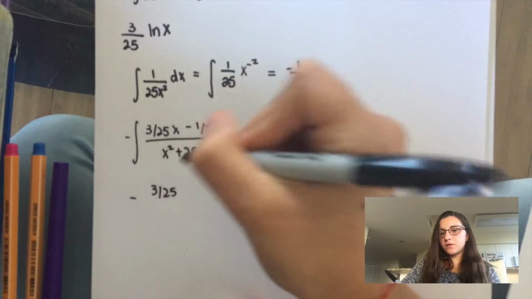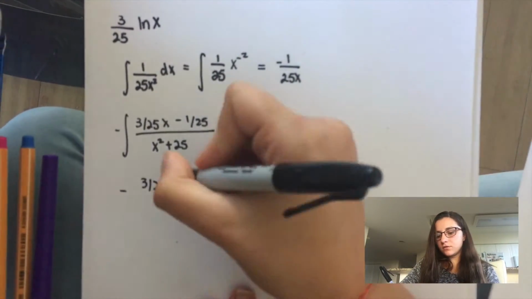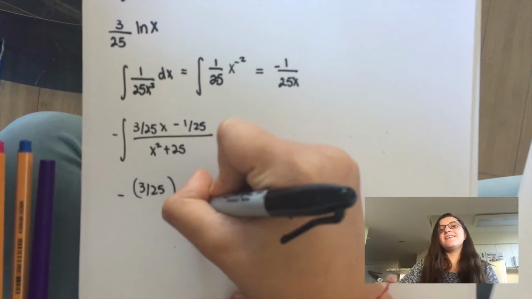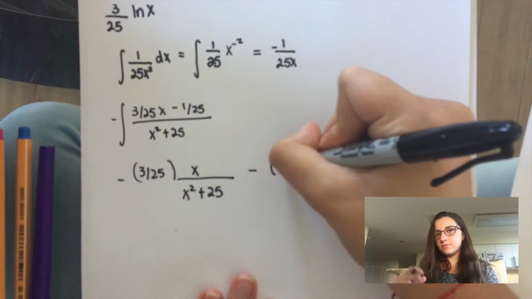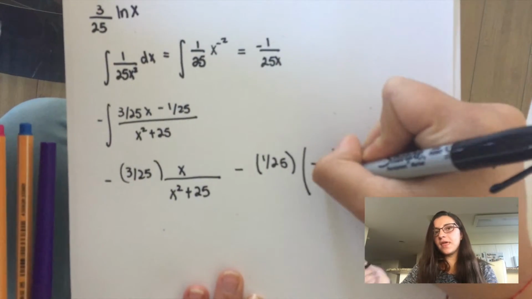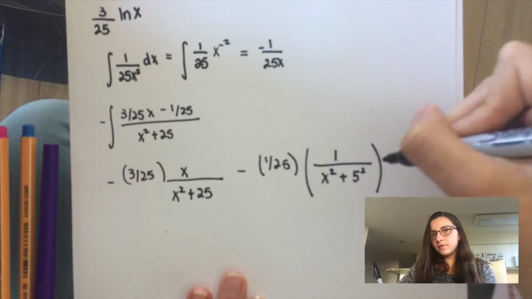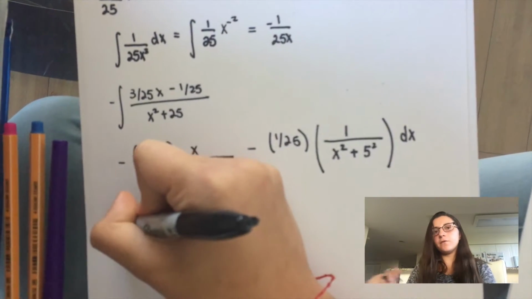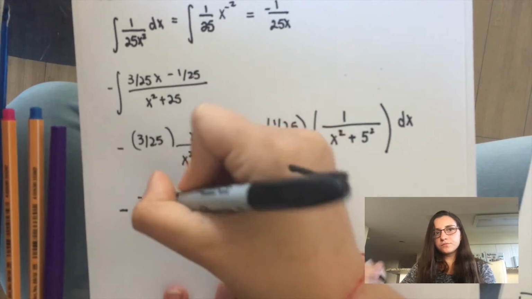So we're going to have first negative 3 over 25 times x over x squared plus 25. And then for our second part, we're going to have 1 over 25 times 1 over x squared plus 25. We're going to make the 25 equal to 5 squared, dx.